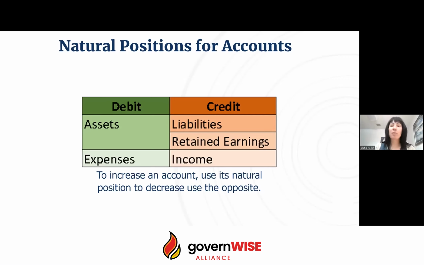So their natural position is credit. If I want to increase my debt, say my credit card, I have to credit the credit card, lots of credit in there. If I want to record income, I want to increase an income account, I have to credit that income account.